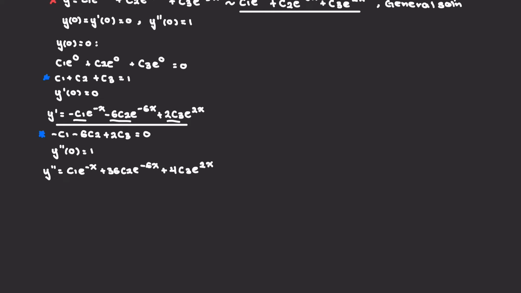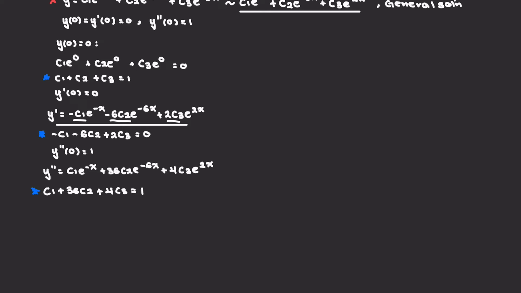Then let's plug in the zeros. c1 e to the 0 is just 1, plus 36 c2, e to the 0 is just 1 again, plus 4 c3 times e to the 0, which is just another 1. And so this is going to be our third expression for this third initial value condition.